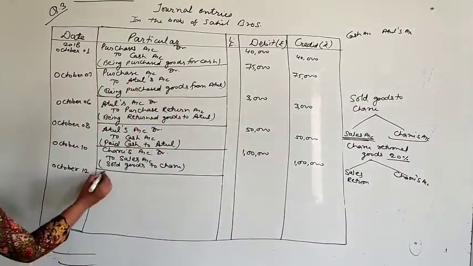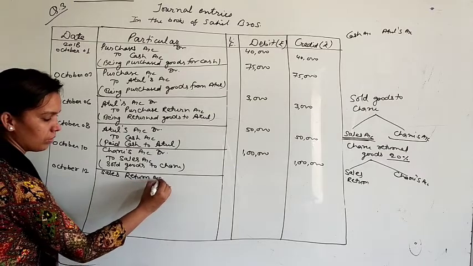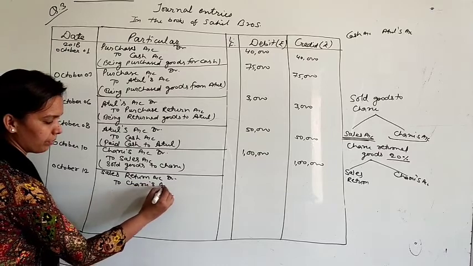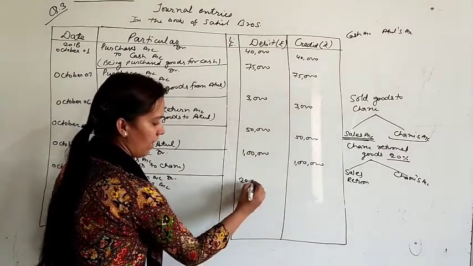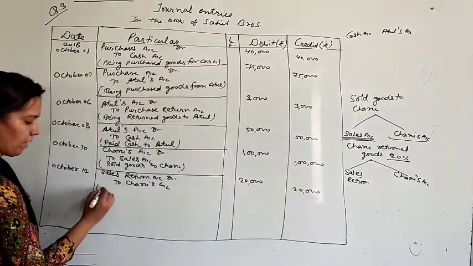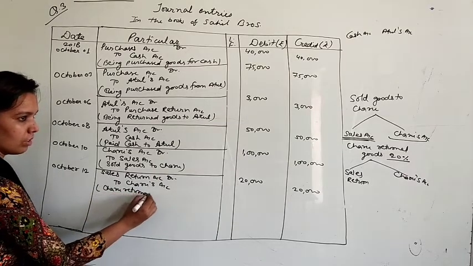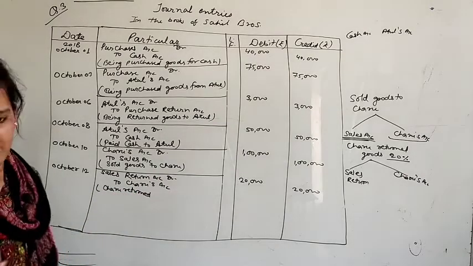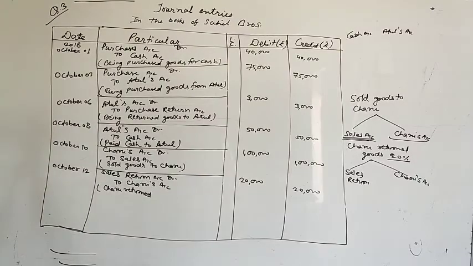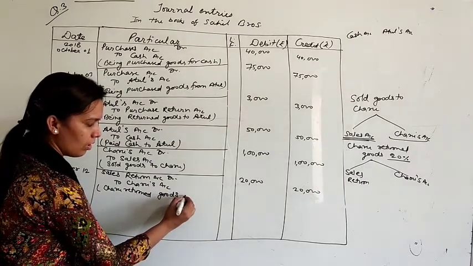So the entry will be: sales return account debit to Charu's account, and amount will be 20,000. You can write here: Charu returned goods 20%.